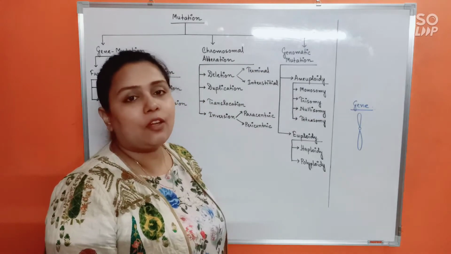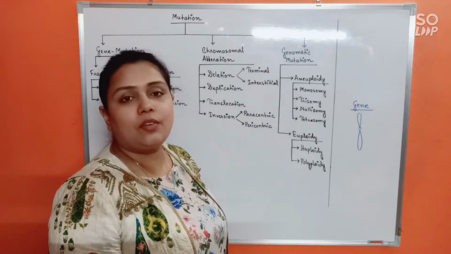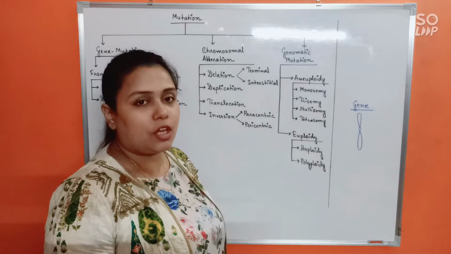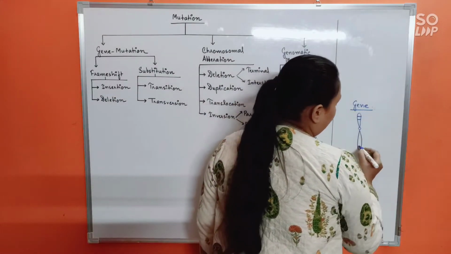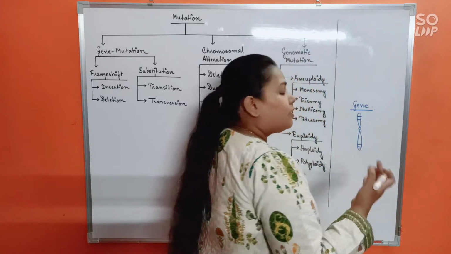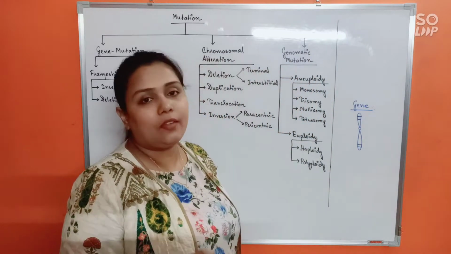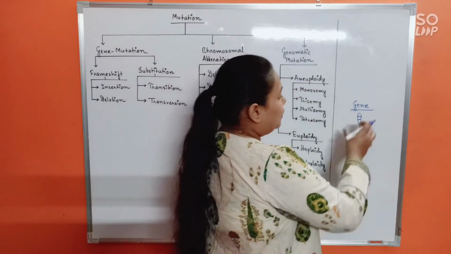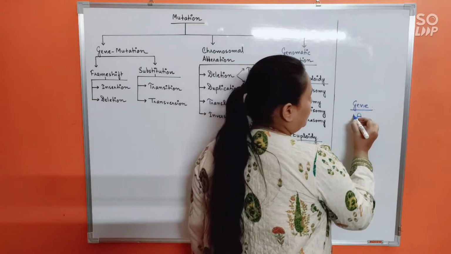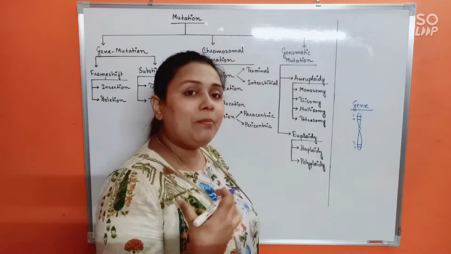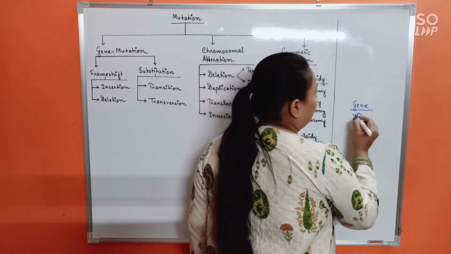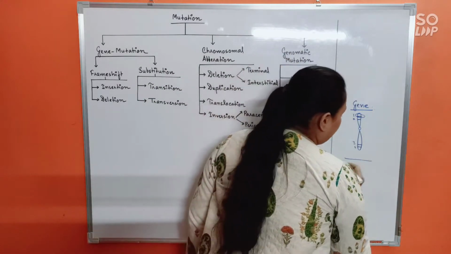You know very well that chromosomes carry the hereditary information from one generation to another, and they contain various genes arranged linearly in them, right? So suppose in this chromosome there are 4 genes, 1, 2, 3 and 4, and let me magnify gene 1.